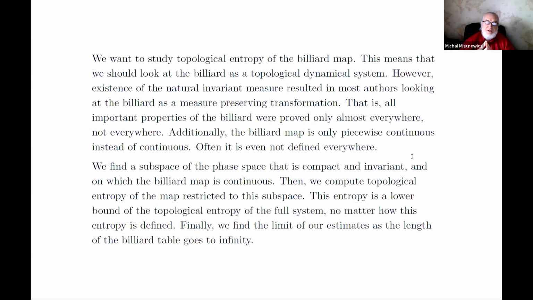But we want to study topological entropy. So we should look at this as a topological dynamical system. Okay, so, as I said, most authors are looking at it as a measure preserving transformation. So whatever they prove, it's almost everywhere, not everywhere.